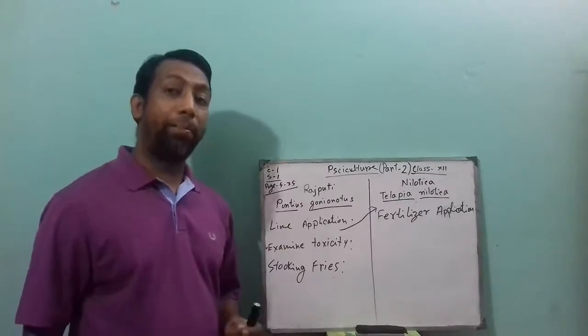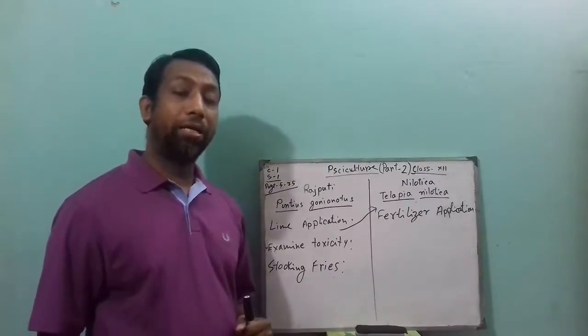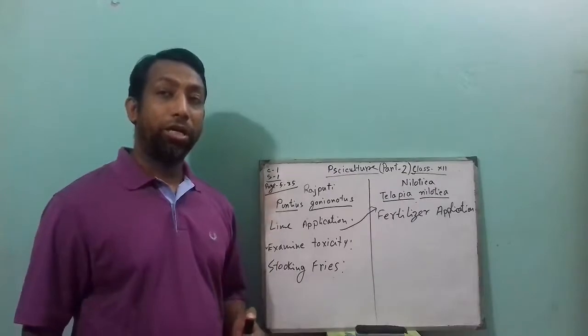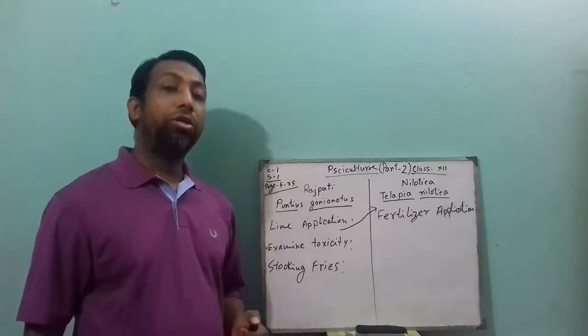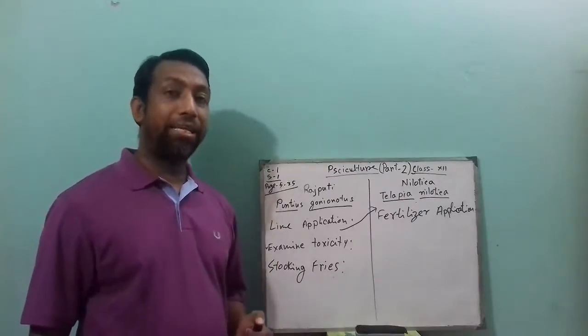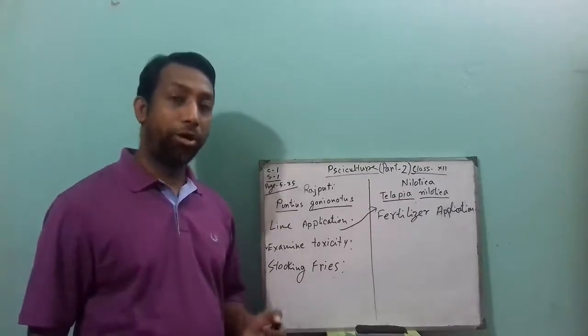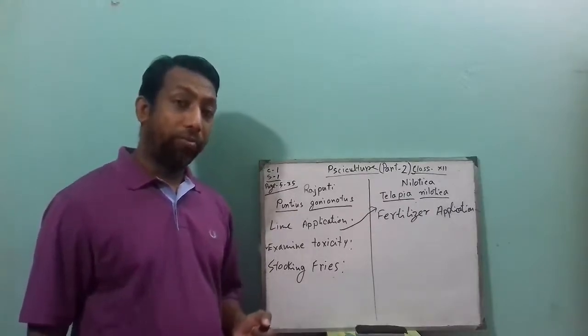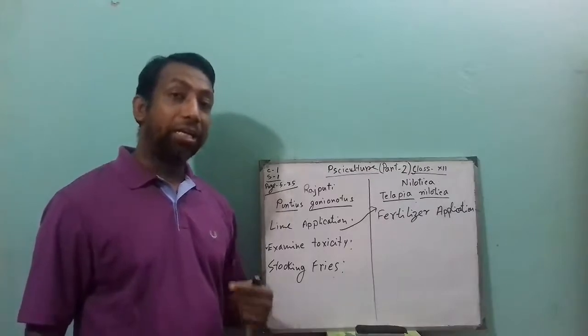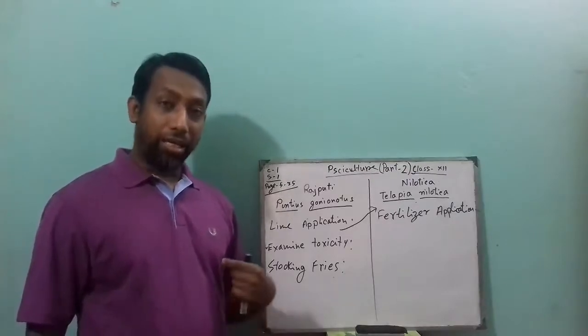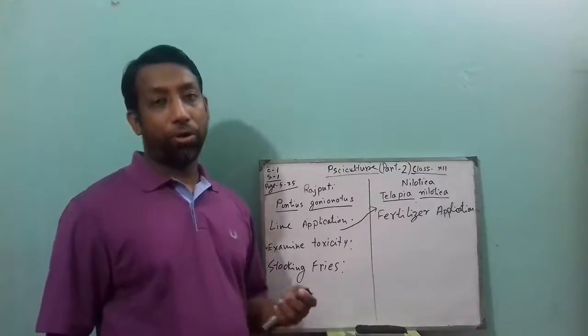We need to apply lime in the pond to remove the acidity in the pond, remove the turbidity in the pond, remove the dirty materials from the pond.